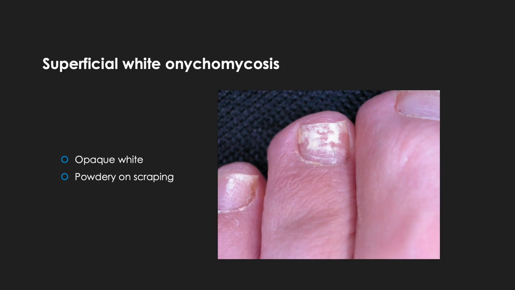Another pattern of onychomycosis that we see is so-called superficial white onychomycosis. This produces white, opaque changes to the nail plate, and these are rather powdery when they're scraped.